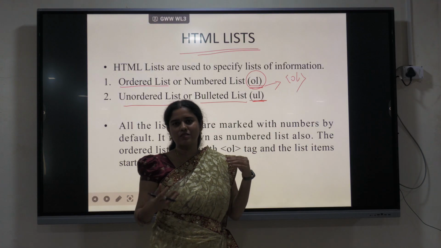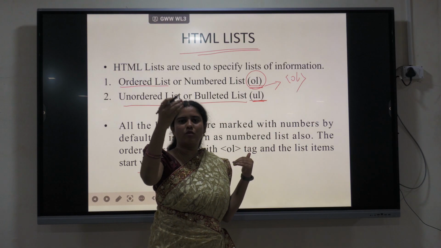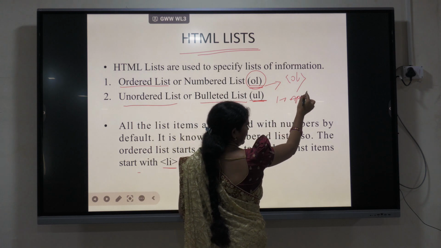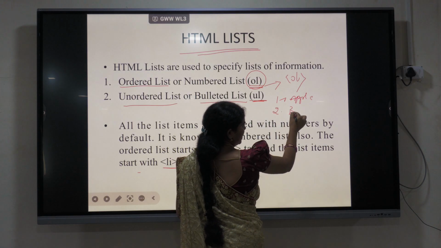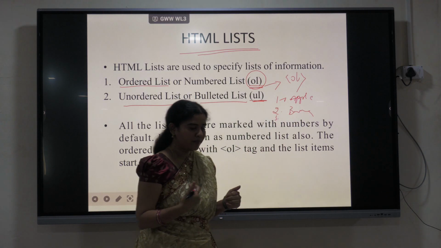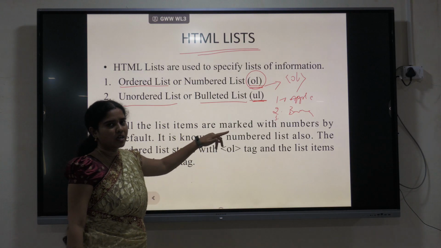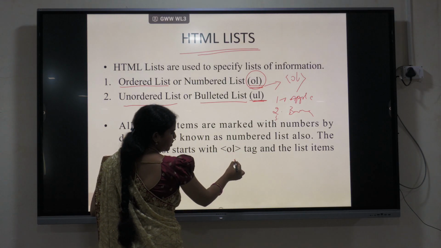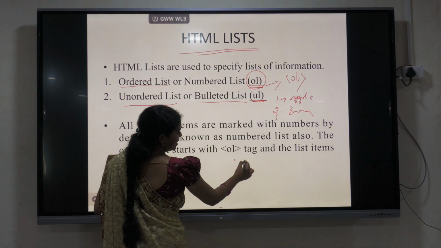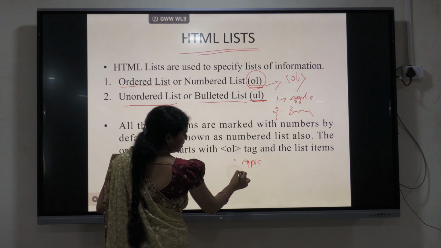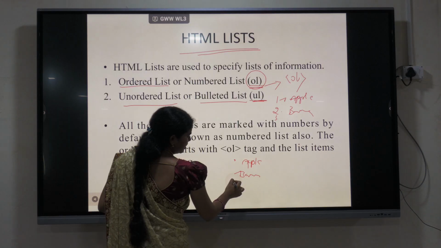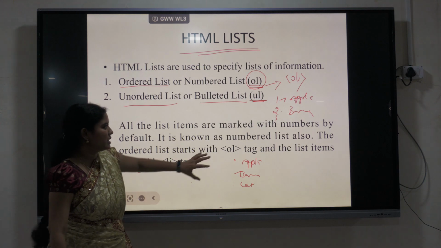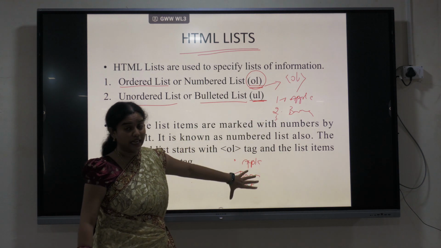Ordered list is something like this, where we have order like 1 dot apple, 2 dot banana, 3 dot cat. Whereas in an unordered list, you will not have any kind of order, but instead you will have dots: dot apple, dot banana, dot cat. So this is the major difference between ordered list and unordered list.